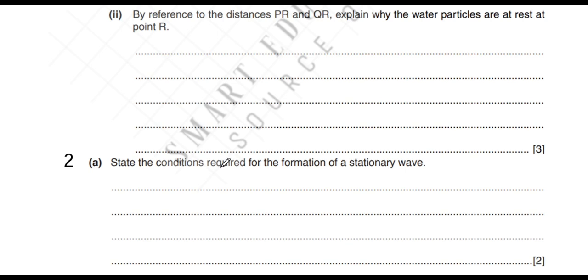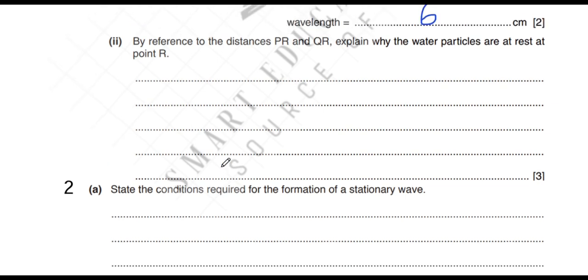The amplitudes are opposite to each other, so it cancels out and becomes zero. The path difference between PR and QR is about 2.5 lambda. As it is a destructive interference, it should be n plus half lambda.